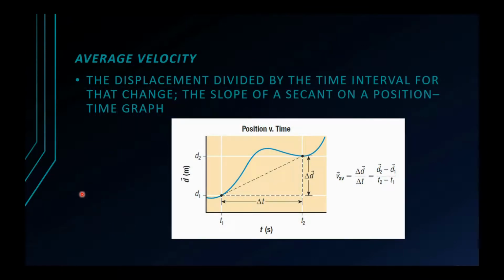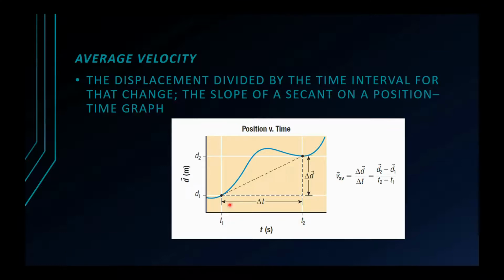Average velocity is the displacement divided by the time interval for that change, also known as the slope of a secant on a position time graph. So here you have a position time graph. You have an object which follows this path, right? If this is your reference line, at t1, the object's over here. At t2, the object's here.